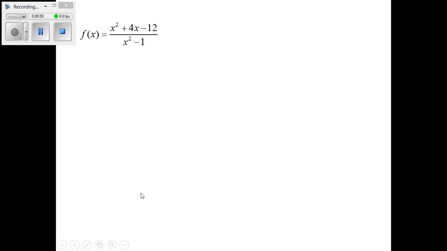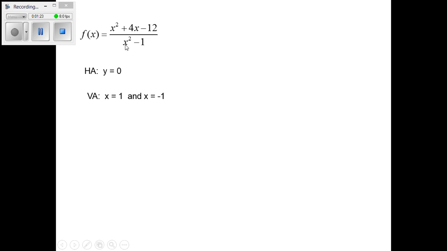Okay. Here's another rational function. If we're looking for the horizontal asymptote, vertical asymptotes, the x and the y-intercepts, in this form we can see immediately that the horizontal asymptote is going to be y equals 1. That should be y equals 1, not y equals 0. Okay.